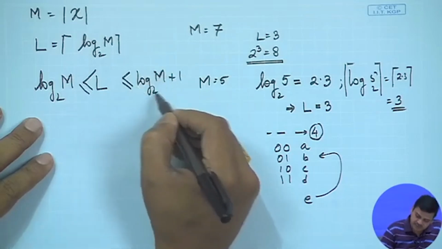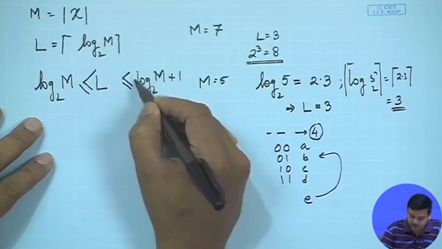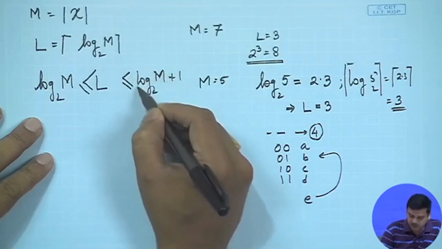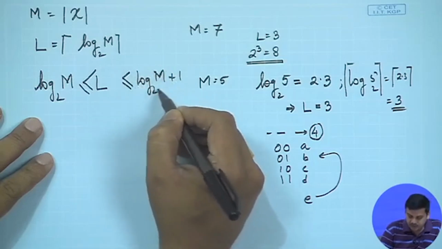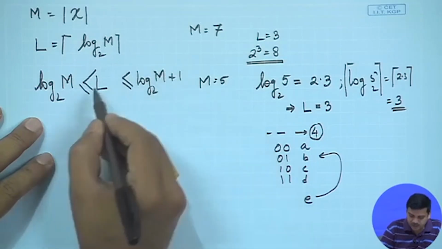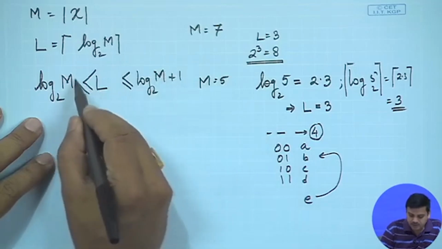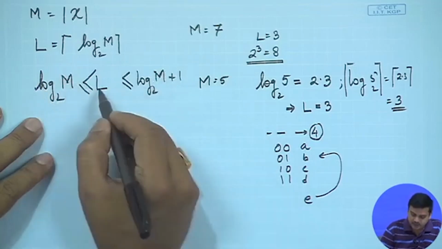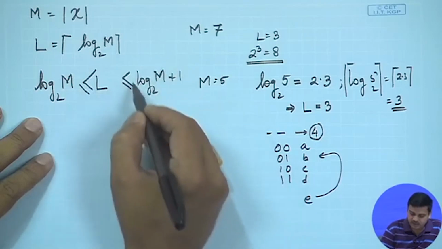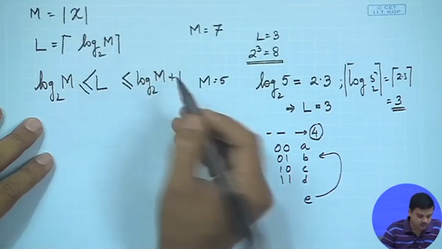This is a real number, which may not turn out to be an integer. If it does not, then L is the smallest integer just greater than this, and it is less than log base 2 of M plus 1.